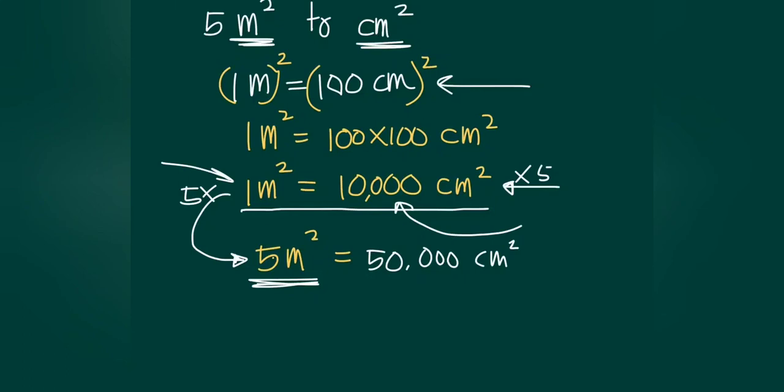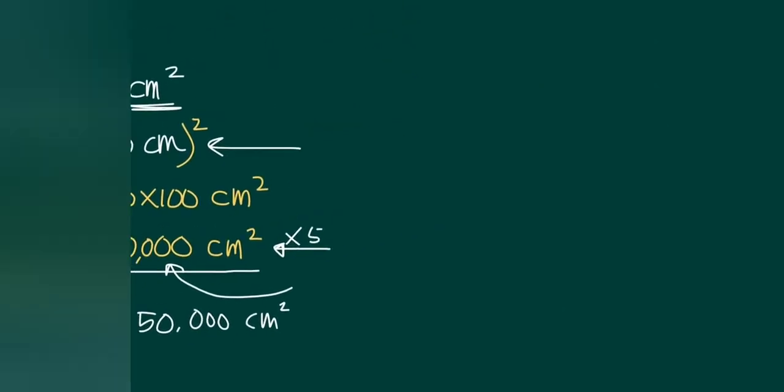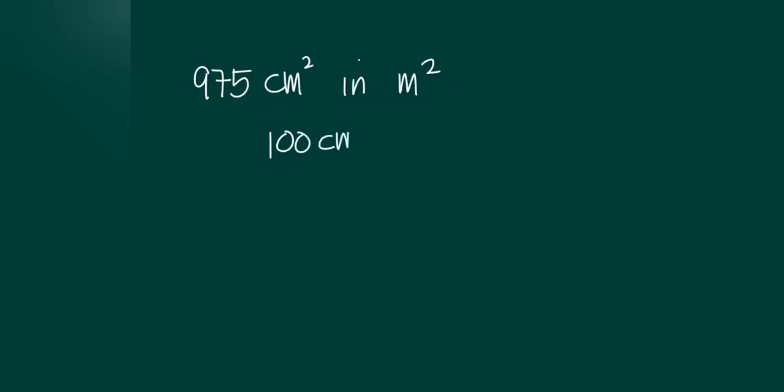So what about the reverse? Suppose we have, for example, 975 cm squared to convert to m squared. It's the same thing. This is what we know: 100 cm is equal to 1 m.